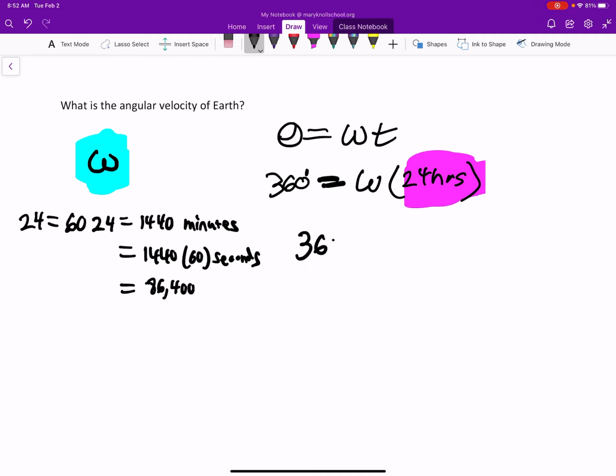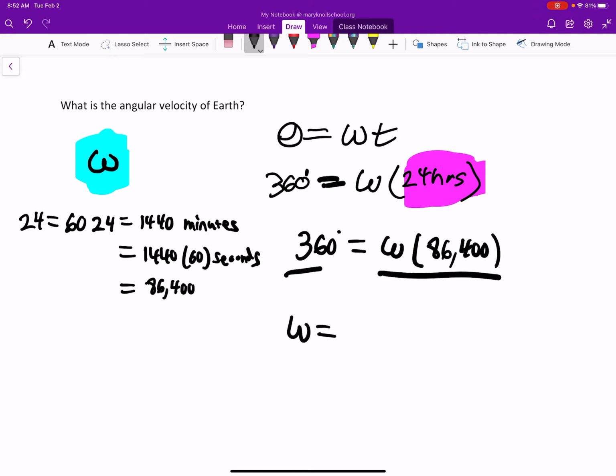So we get 360 degrees equals omega multiplied by 86,400 seconds. Now I'm going to divide by 86,400 seconds. And omega equals 360 degrees divided by 86,400 seconds.